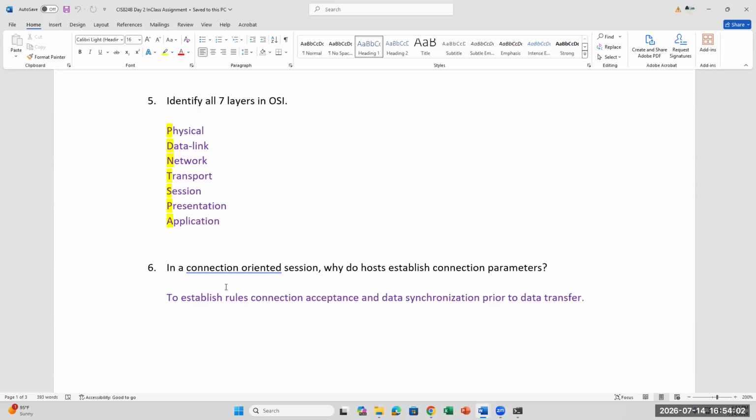So I first tell you that, hey, I'm gonna give you questions 1 through 5, and you're gonna give me questions 6 through 10. Okay. And we both have that agreement. So what these systems have to do is establish a connection rule or a set of rules to be able to communicate and then exchange data.